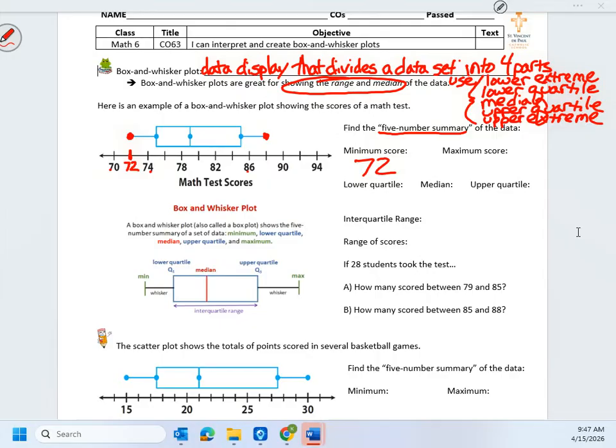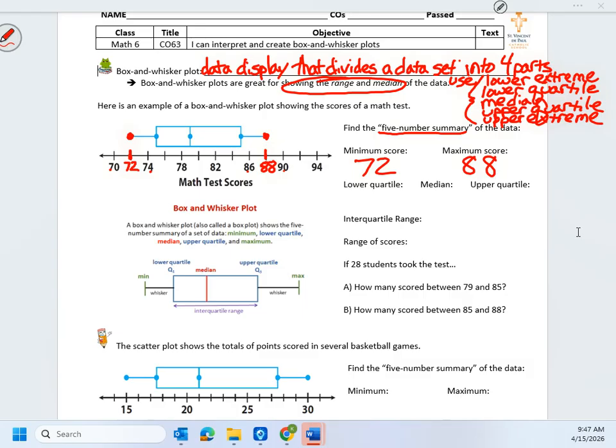We see there's an 86 and a 90, and that farthest end is right in the middle. What number would be right in the middle, Leo? 88. So our maximum score that was earned on that math test was an 88. So the lowest score somebody got was 72. The highest score somebody got was 88.